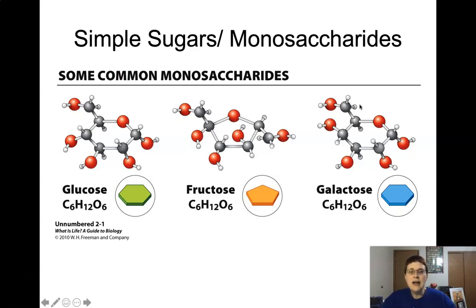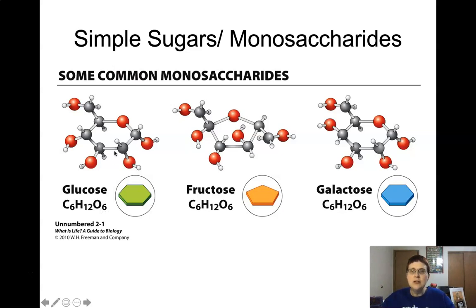And then we've got galactose, which is one of the monosaccharides that's put together into different disaccharides, two sugars, to make a more complex sugar. Now you'll notice all three of these monosaccharides have the same chemical formula: 6 carbons, 12 hydrogens, and 6 oxygens.